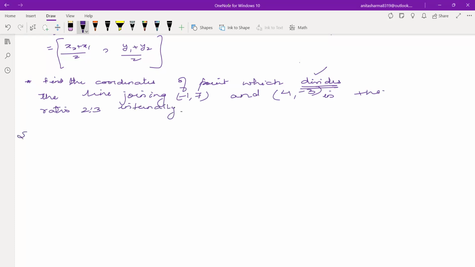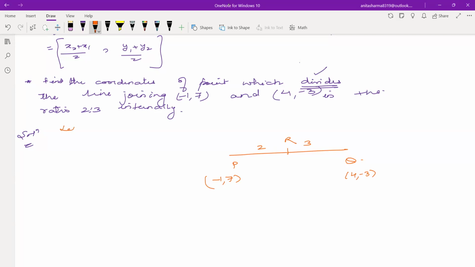Okay. So, see, this is your line PQ, let the coordinates of P be (-1, 7) and Q be (4, -3), and a point divides it in the ratio 2:3. Right, beta?